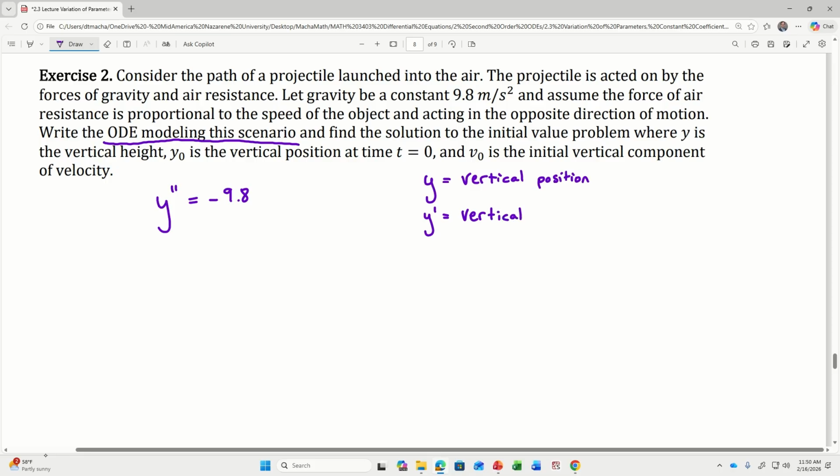It's going to be the vertical component of velocity. And then y double prime is going to be the vertical component of what? Acceleration.